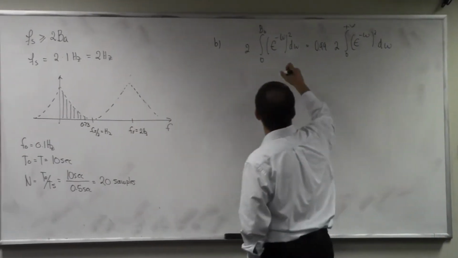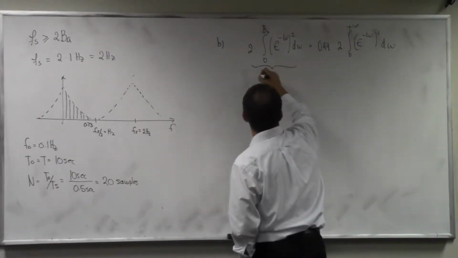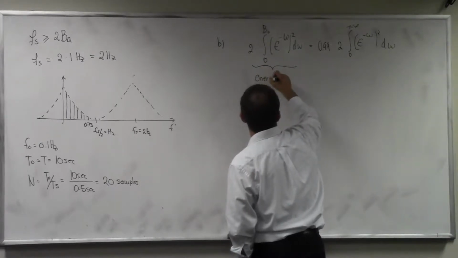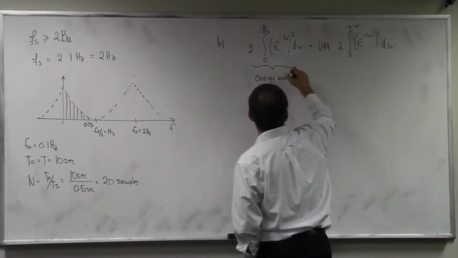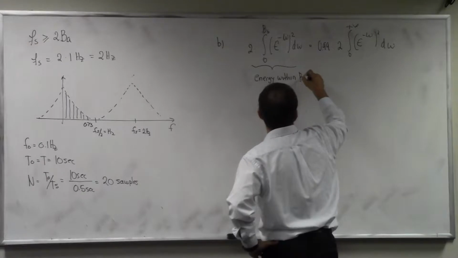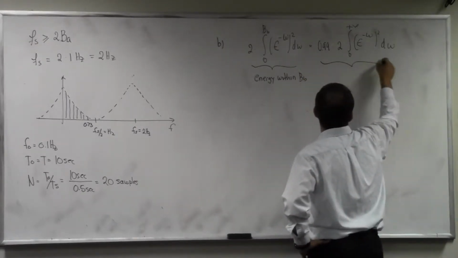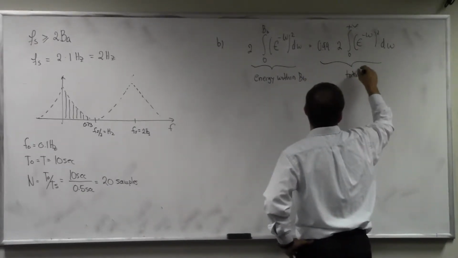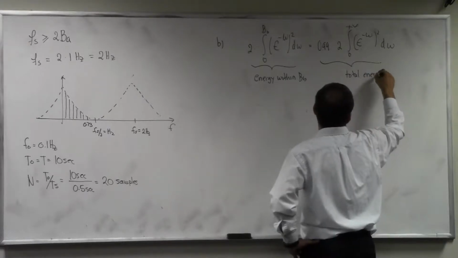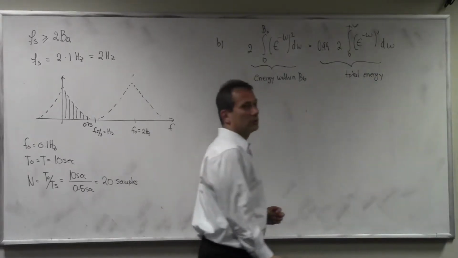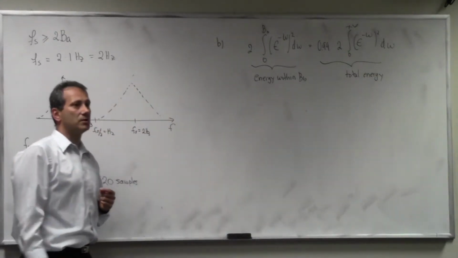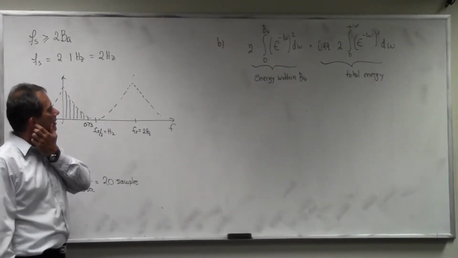This is the energy within bandwidth B, and this is the total energy. You determine total energy by squaring the magnitude response and then integrating underneath.